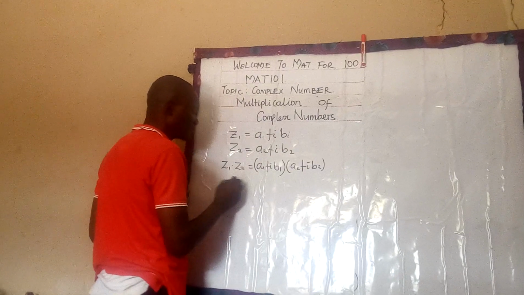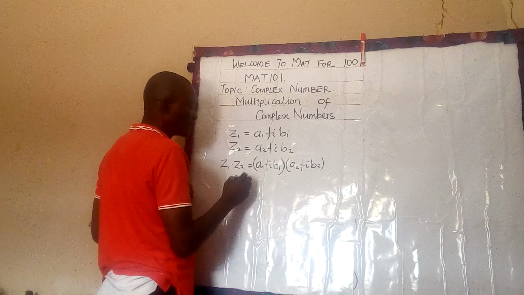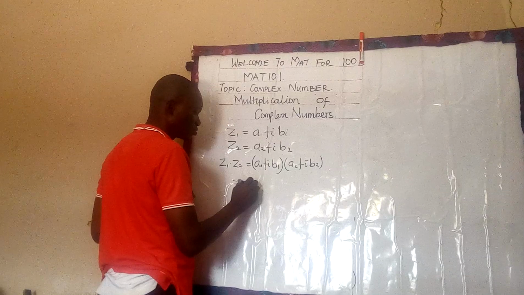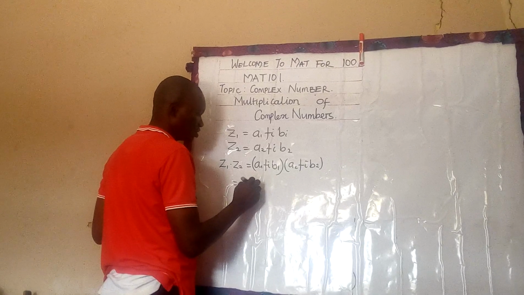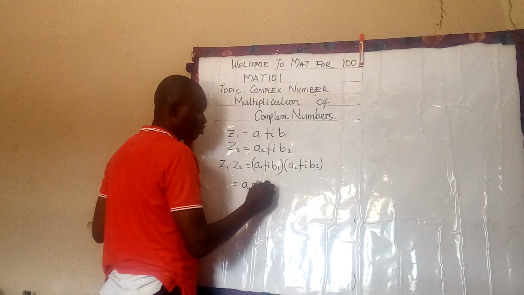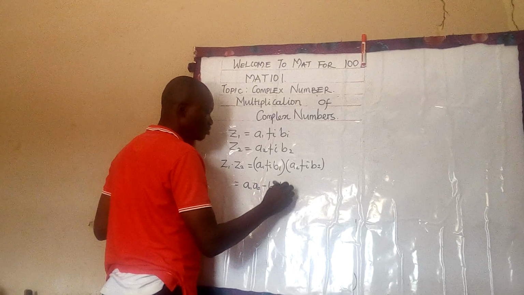Then when we multiply it together, what we are going to have is what? A1 A2, then minus B1 B2.